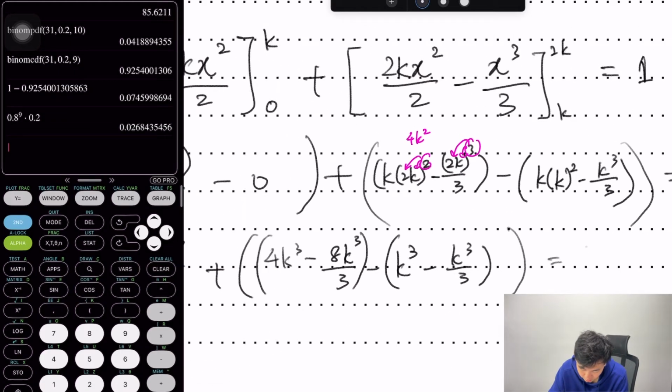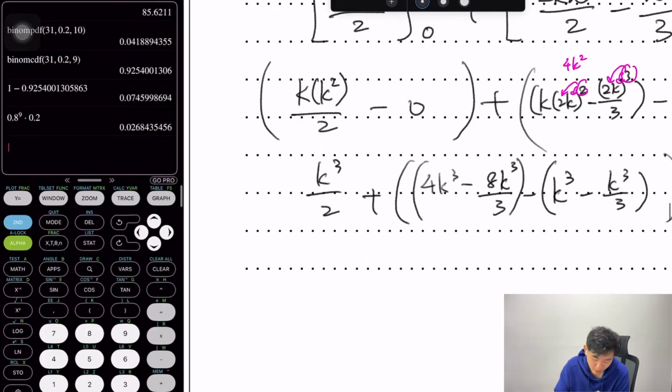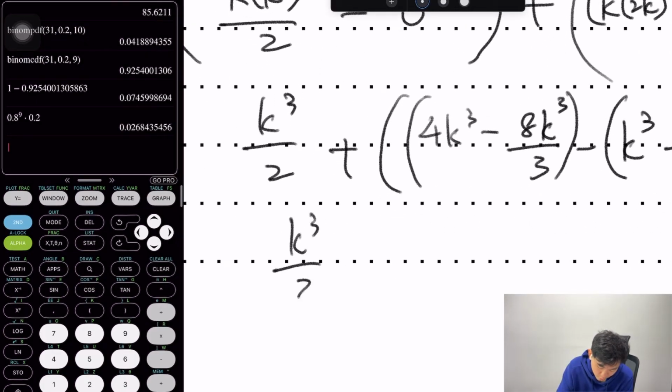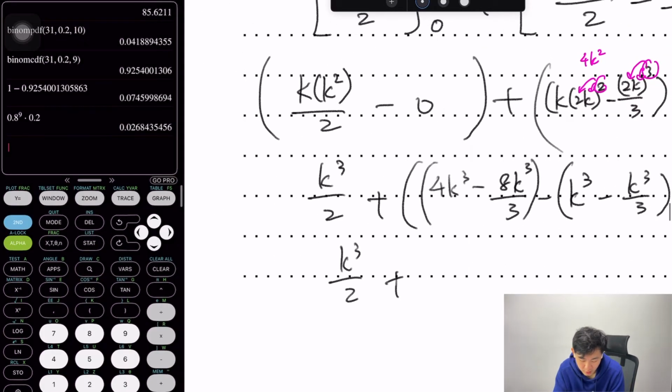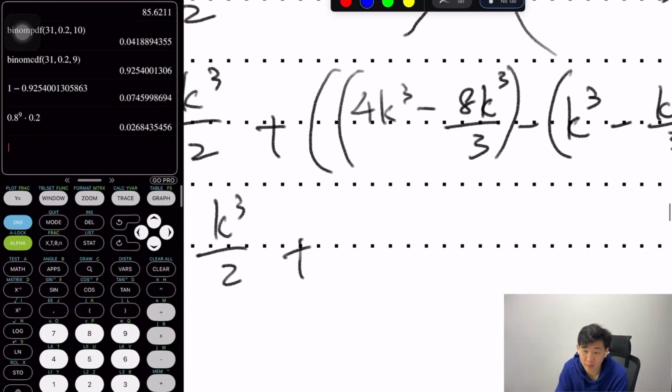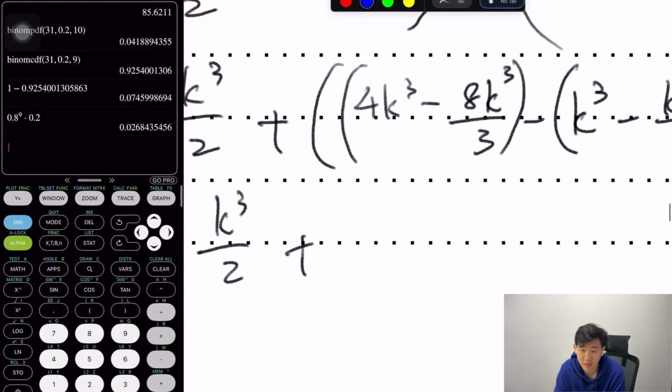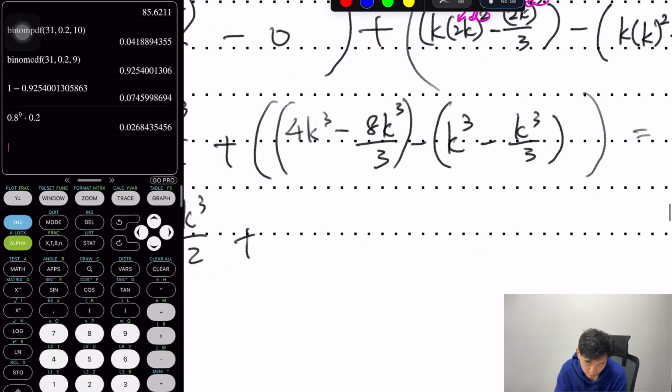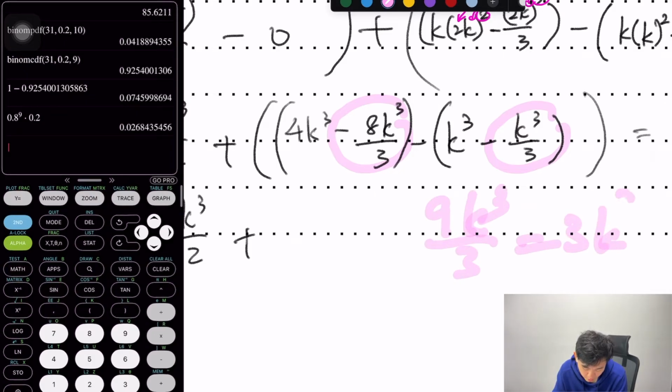Gee, wow, I hate doing these. But yeah. k cubed over 2 plus, so you're going to subtract a little bit. You can use your calculator. 4 minus that, which is, actually, 4 minus 1, which is a plus 1, right? Plus, now this one, if I take away the bracket, that becomes plus 1. So these two combined are actually going to be 9k cubed over 3, which is 3k cubed, right?